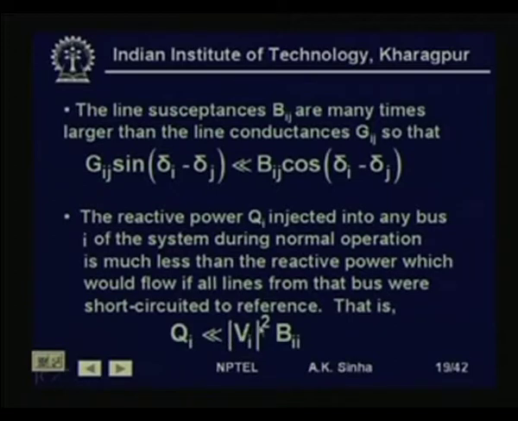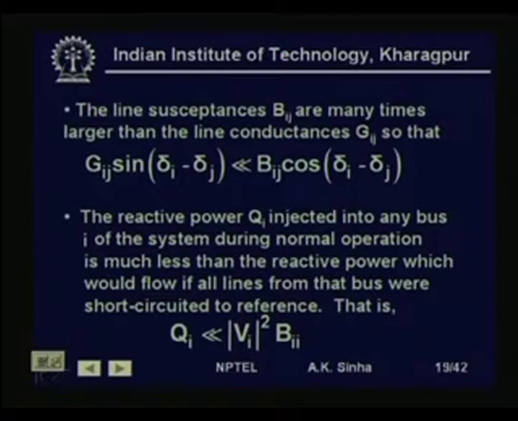It will be the voltage squared multiplied by B ii. So V i squared into B ii is what will flow when we short circuit that bus to the reference, whereas Q i, the injected reactive power at that bus, is certainly much smaller in normal operating time. Therefore, Q i is much smaller than V i squared into B ii.